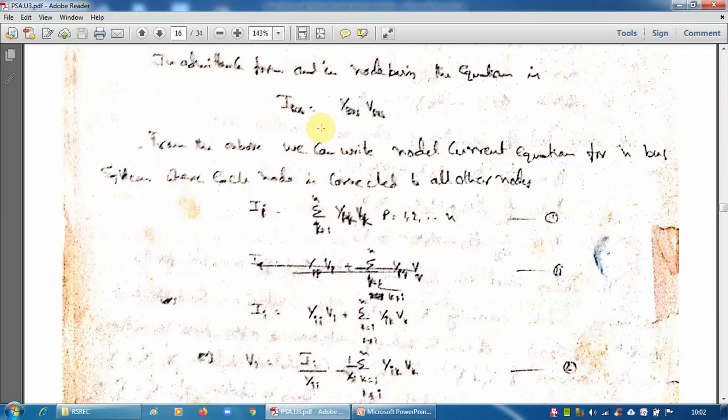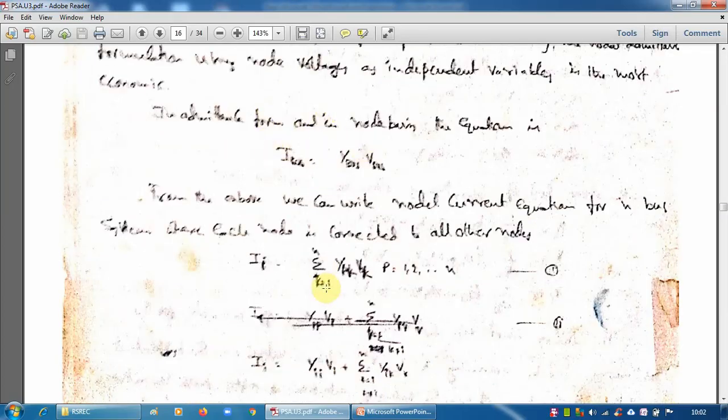We consider a system having n buses. So, as I just said, this equation is n by 1, n by n, so n number of elements will be there in this equation. That is the reason we have taken summation of n terms. So for sigma k equal to 1 to n, this is Yik and this is Vk.